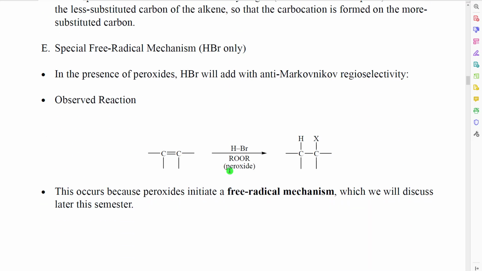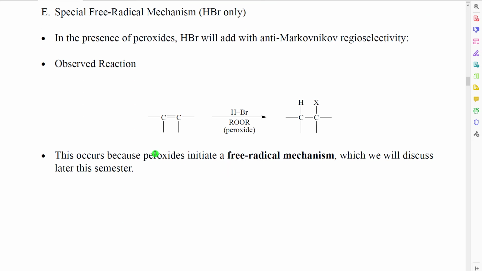Now, there's one problem with Markovnikov's rule. When Markovnikov published his research results, there were scientists around the world that immediately tried to replicate those results. And in general, they saw the same results as Markovnikov for hydrogen chloride and hydrogen iodide.